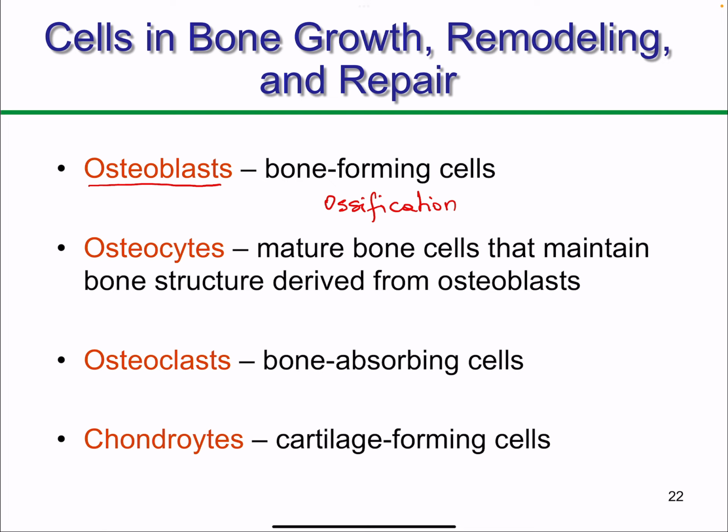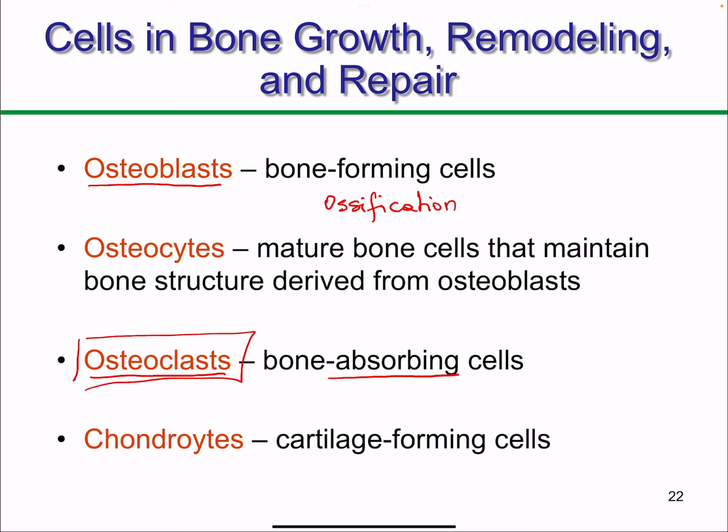That's what osteoblasts do. That's their job. Then you have the osteoclast. The osteoclasts are bone cells that do the opposite of ossification. They eat away the bone, right? They're doing bone absorption, okay? So in other words, these bone cells eat away the bone, right?